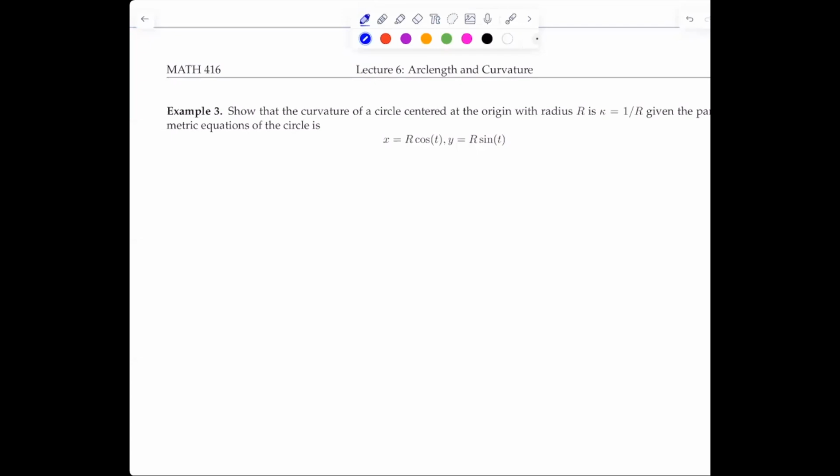Given that the parametric equations, or the vector valued function, of this circle is x equal to R cosine of t, y equal to R times sine of t, for t between 0 and 2 pi. So given that r of t equals R cosine of t, R times sine of t.